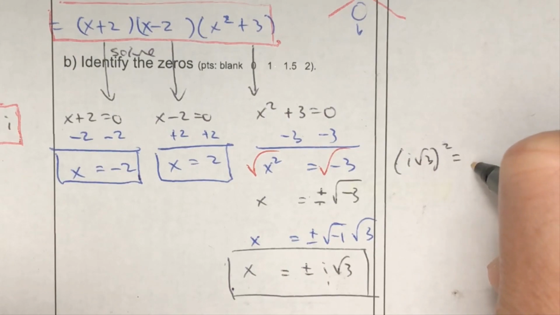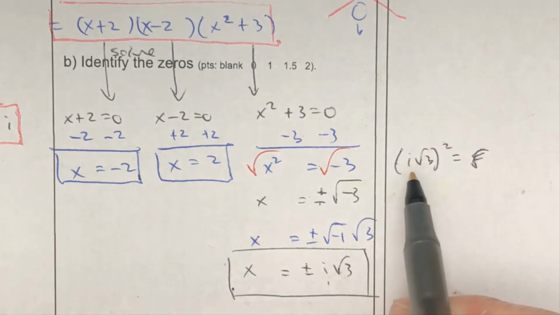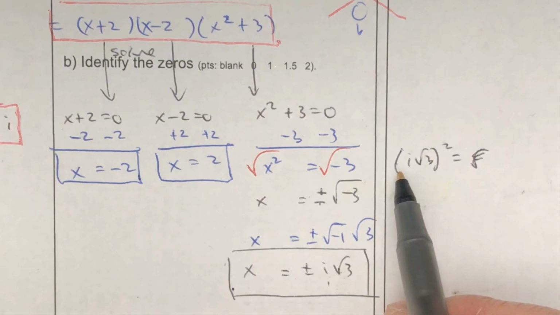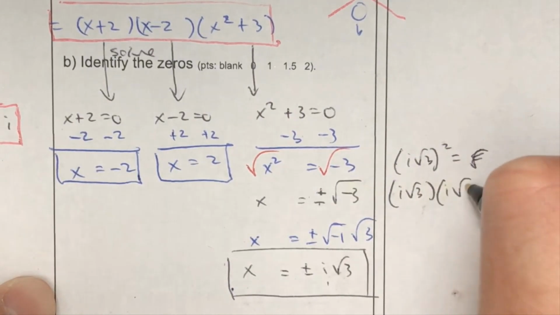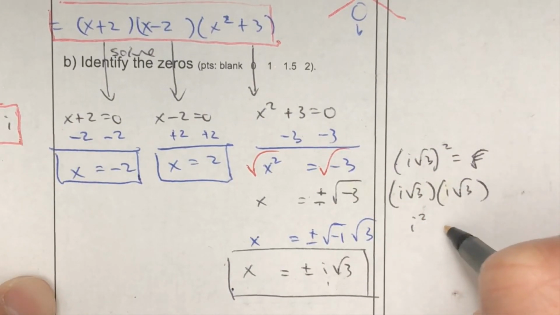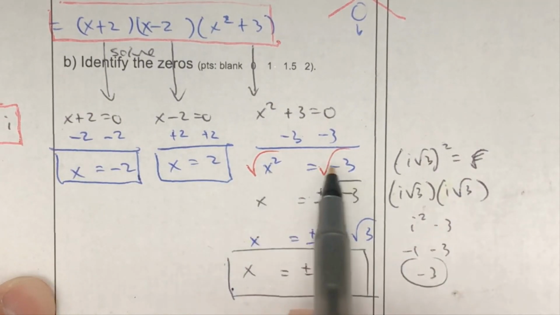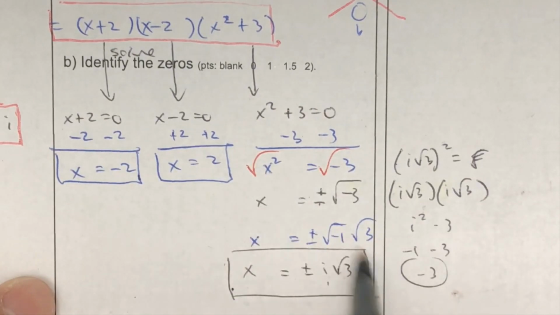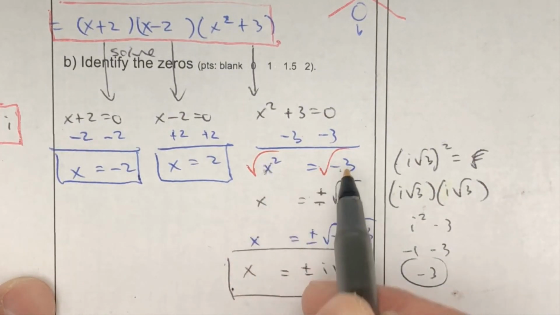I radical 3 squared would just be i radical 3 times i radical 3, which is i squared times 3, which is negative 1 times 3, which is negative 3. So that proves to you, not in the red, but if you put in positive i radical 3 or negative i radical 3, it'll equal negative 3. So there's two answers that you can put in for x. Squared will give you negative 3.